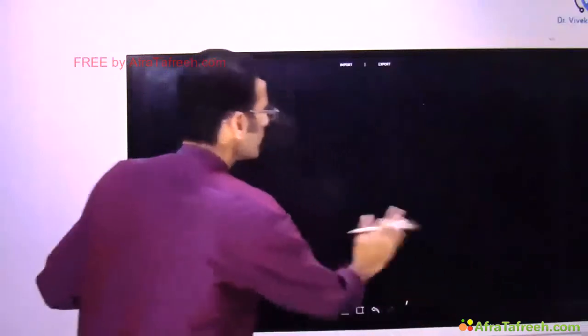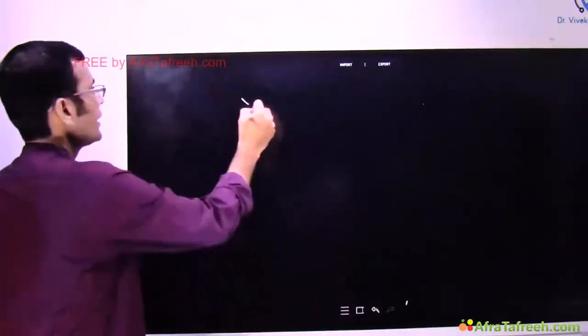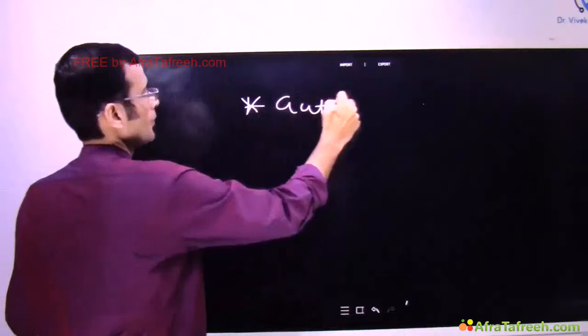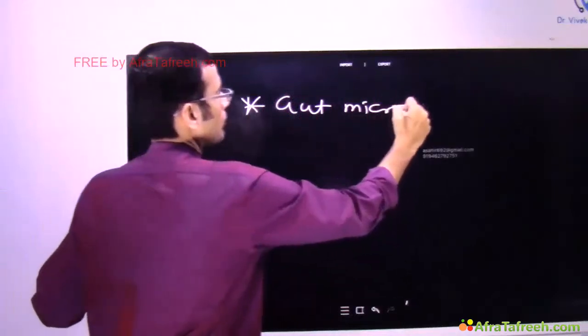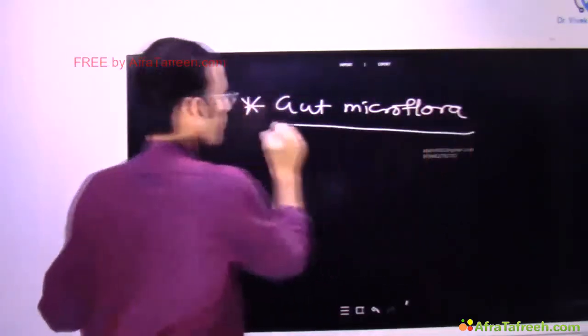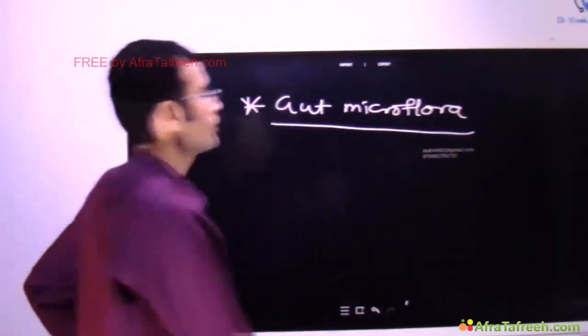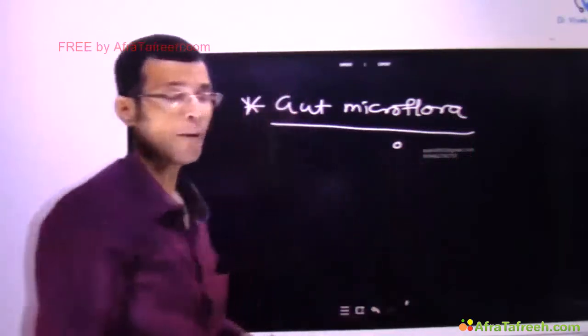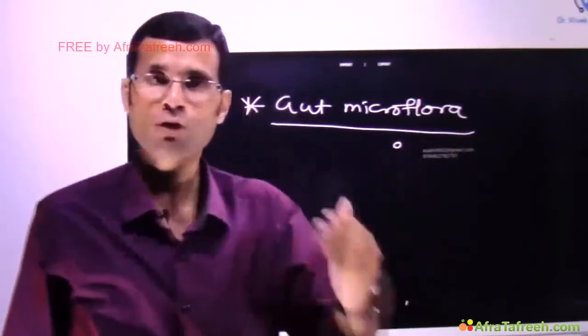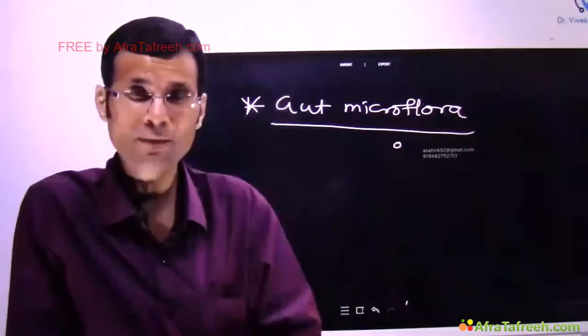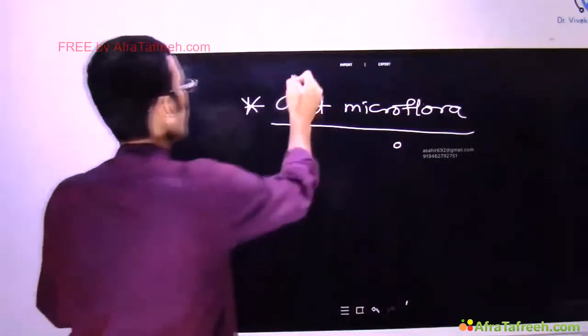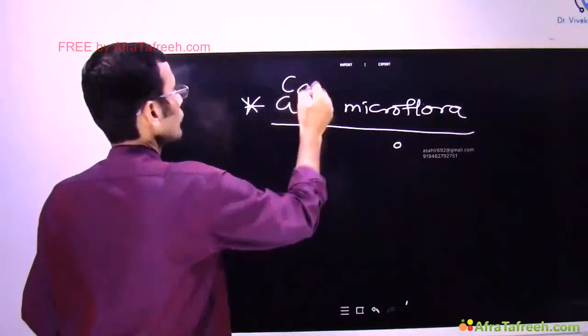A final MCQ on the digestive tract coming up. I will mention 4 substances. Which of them are synthesized by the gut microflora and also absorbed from the colon? The options are, I'm mentioning 5 substances. 4 of them are synthesized by the gut microflora, or rather I would say colonic microflora.